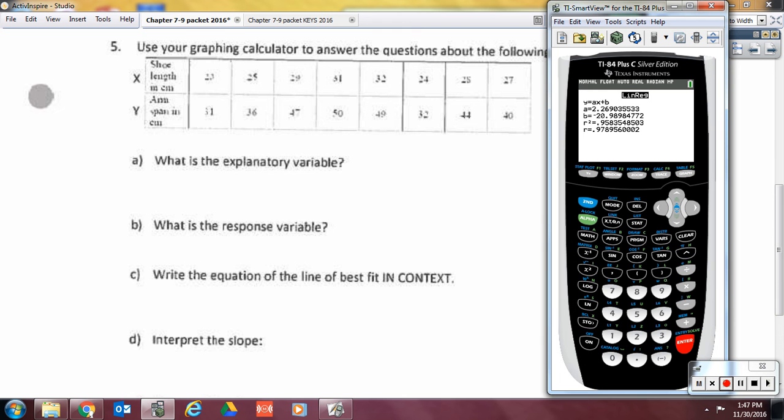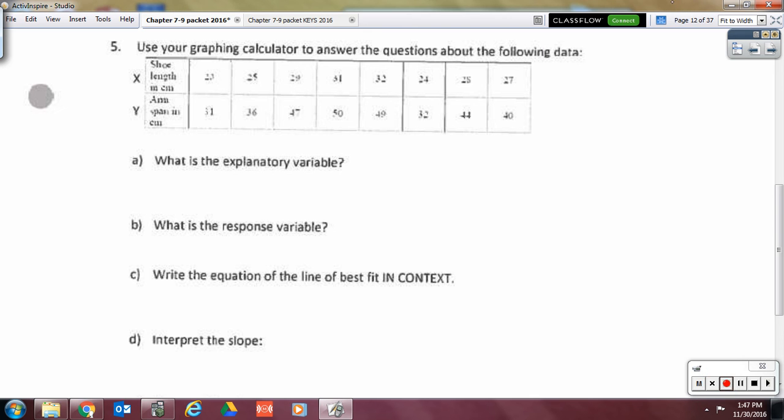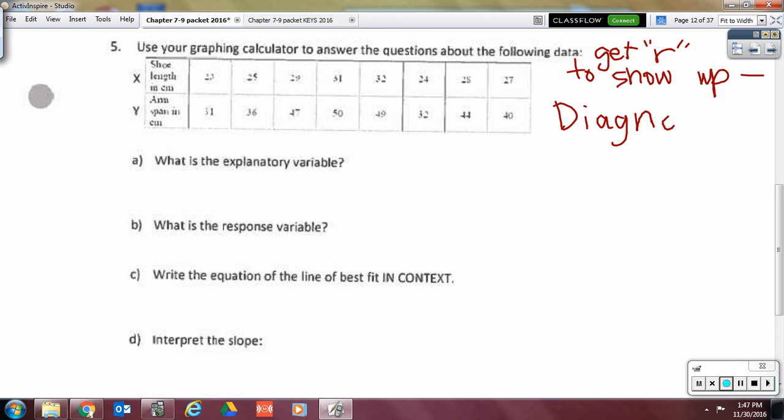Okay, so upon it not showing up, I want you to write these steps down so you can always go back and reference them. To get r to show up, you have to turn the diagnostics on.